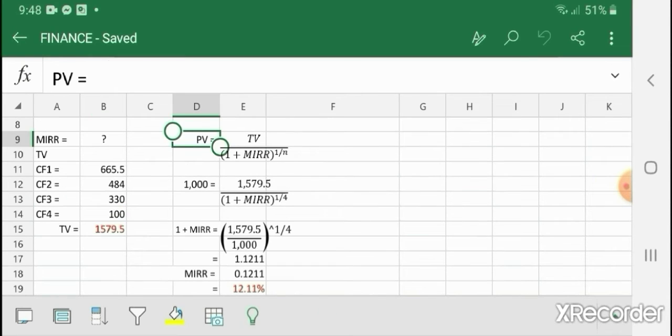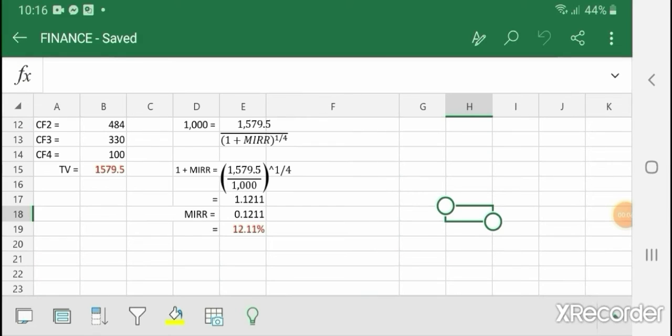So now, let's proceed to using the formula, which is the present value equals the terminal value over 1 plus MIRR raised to the power of n, which would be 1,000 equals 1,579.5 over 1 plus MIRR raised to the power of 4.